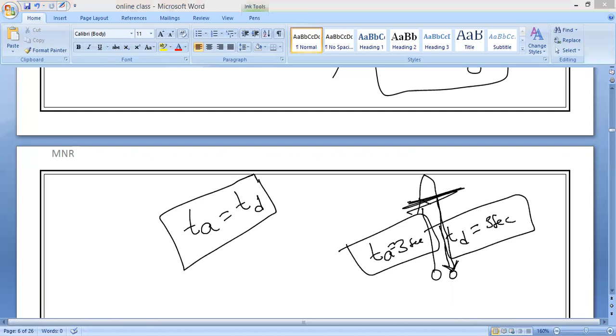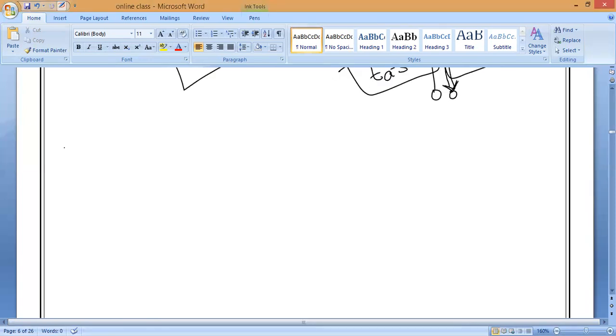That is called time of flight. Do you understand, everybody? They will ask you to calculate the total time to reach the ground.